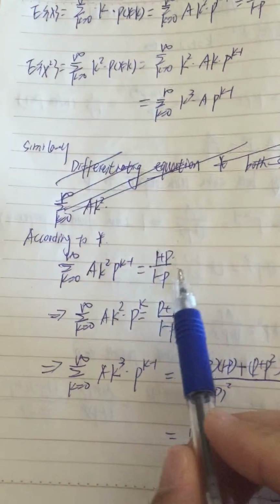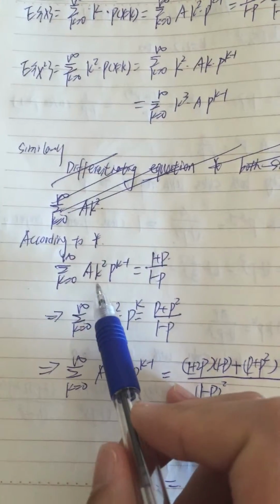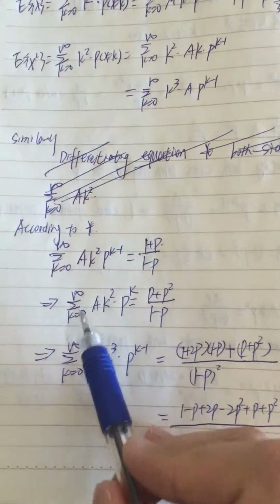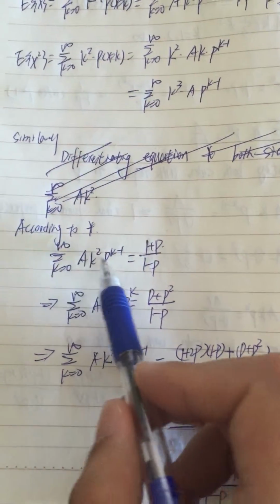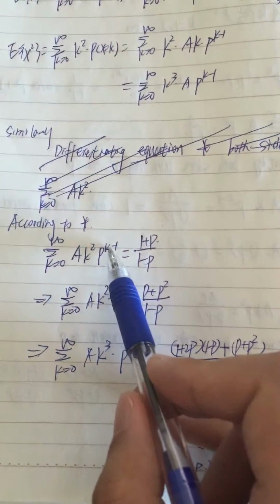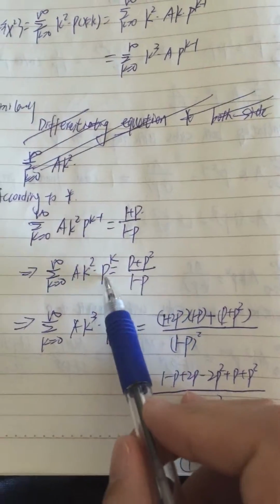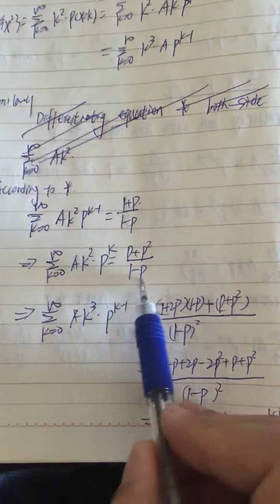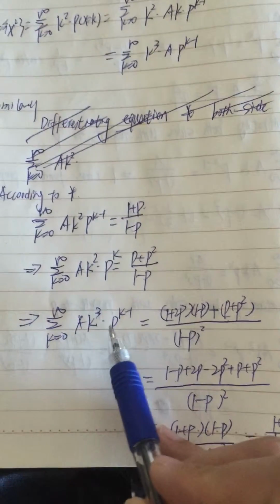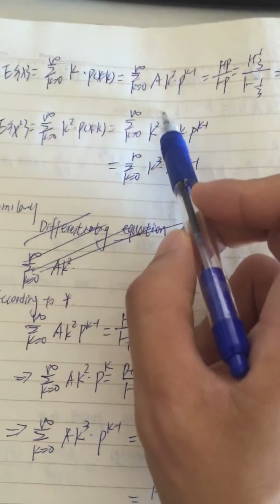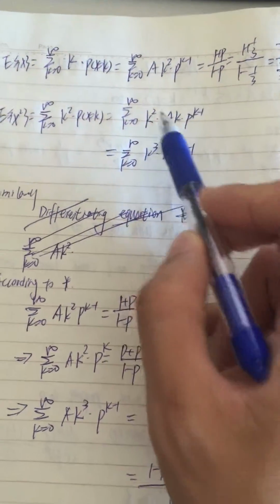First we should multiply the equation both sides by p, and then we differentiate this equation to get a multiplied by k to the square multiplied by p to the k minus 1. This part is equal to the mean of x squared.